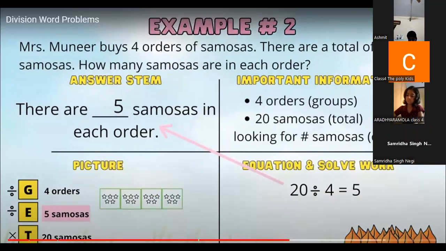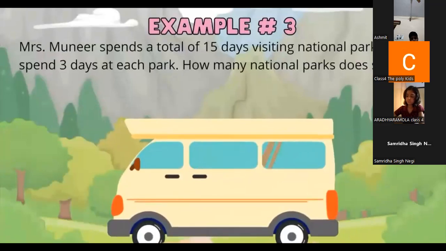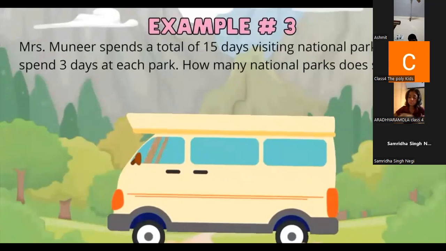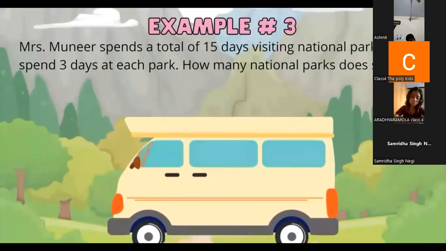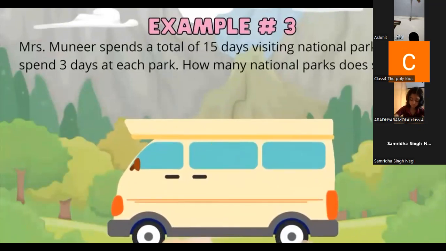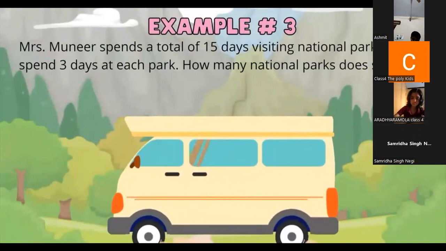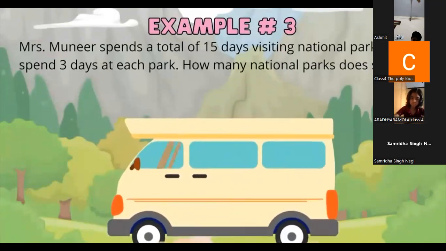Let's try another example. Example number 3. Mrs. Munir spends a total of 15 days visiting national parks. She spends 3 days at each park. How many national parks does she visit? Let's go ahead and make our problem-solving model.